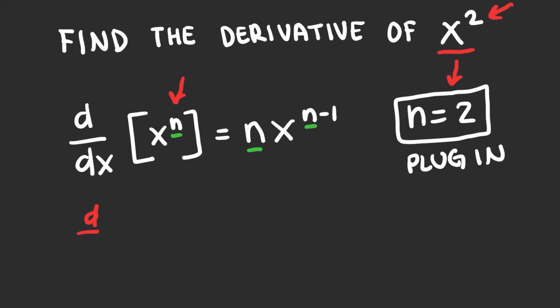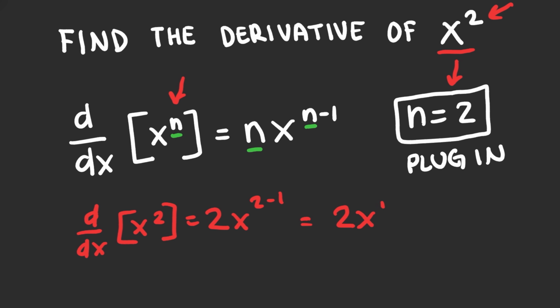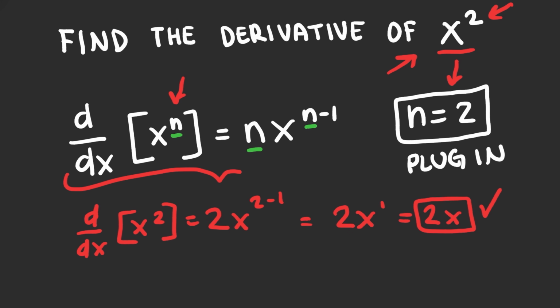So we have d/dx of x squared equals 2x to the 2 minus 1, which would just simplify to 2x to the 1st power, but that's just 2x. So the derivative of x squared using the power rule is 2x.